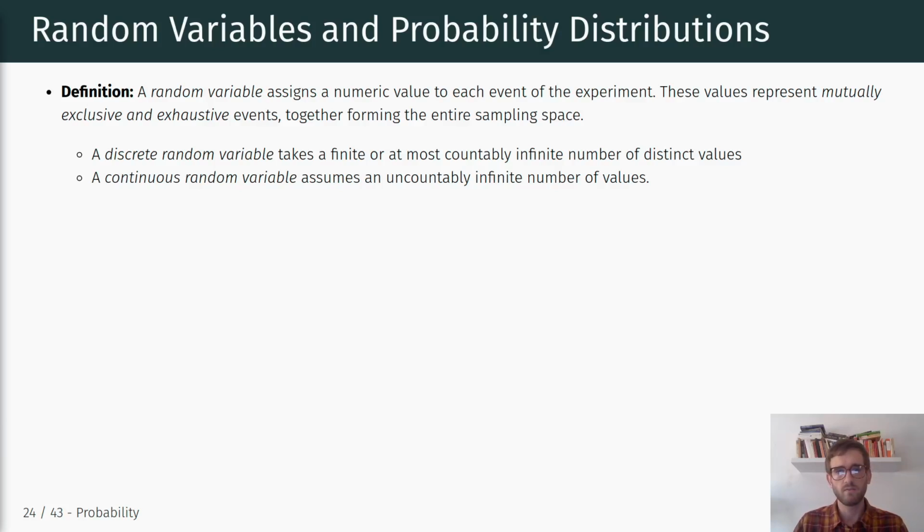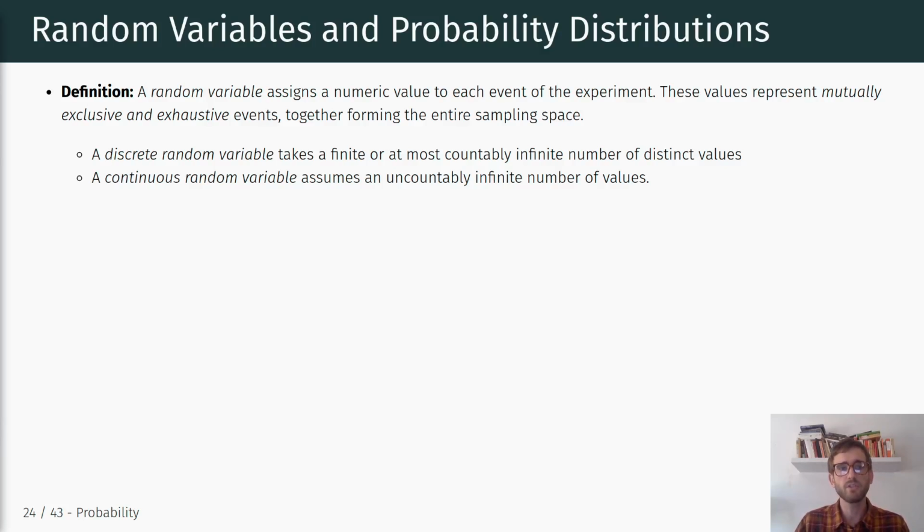We can distinguish two basic types of random variables. On the one hand, we have discrete random variables, which take a finite or at most countably infinite number of distinct values, right? So these are discrete values. This could be counts, or as I said, the coin flip, or rolling a die and the number that is on the die, things like that.